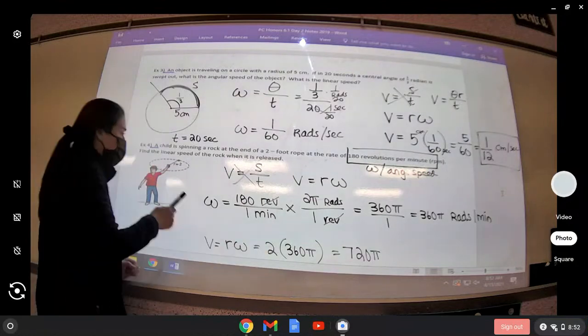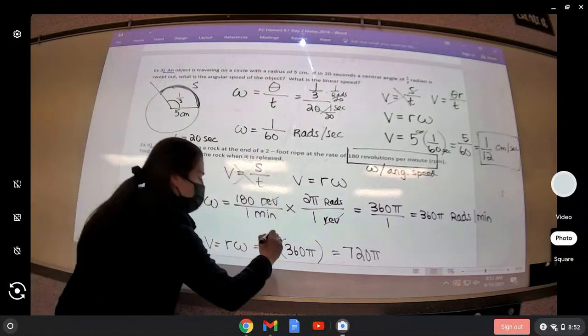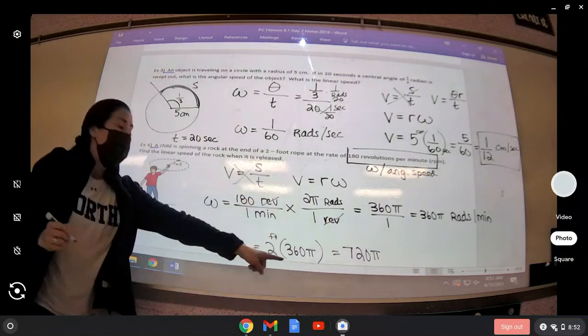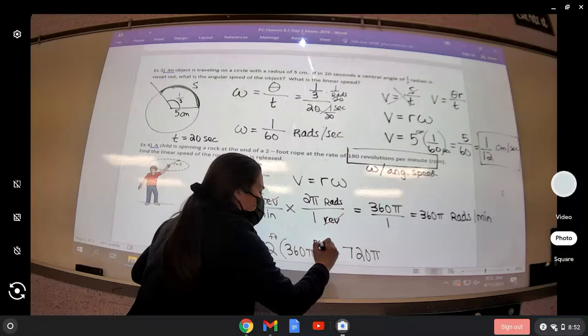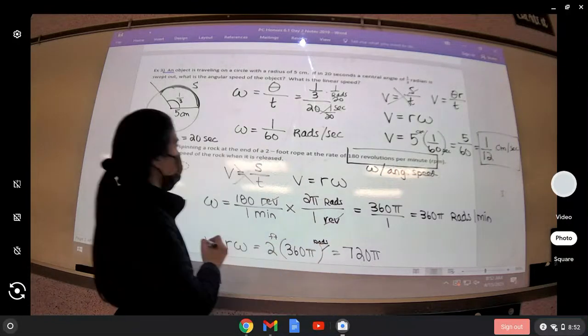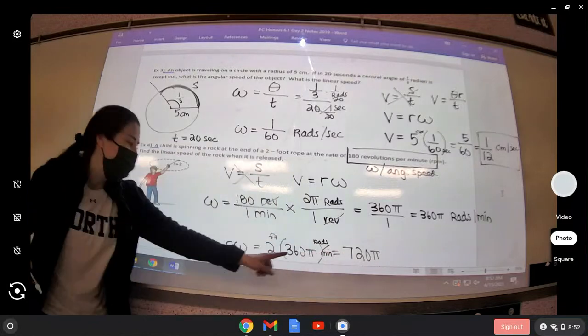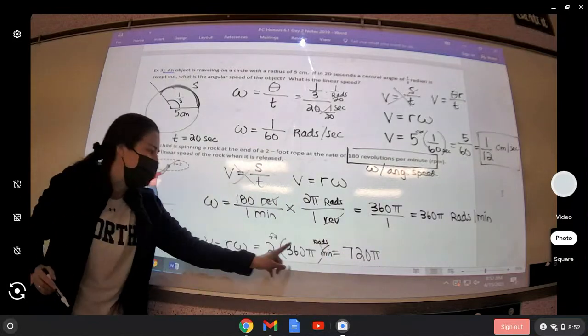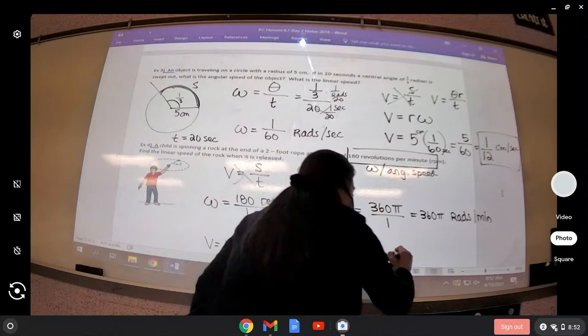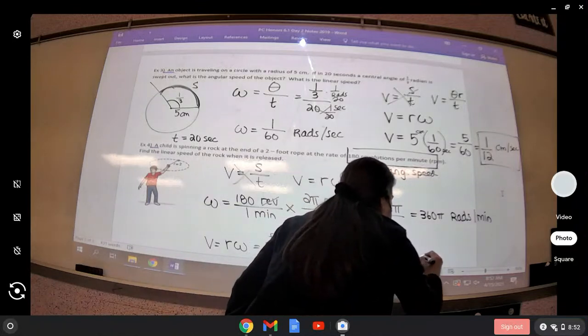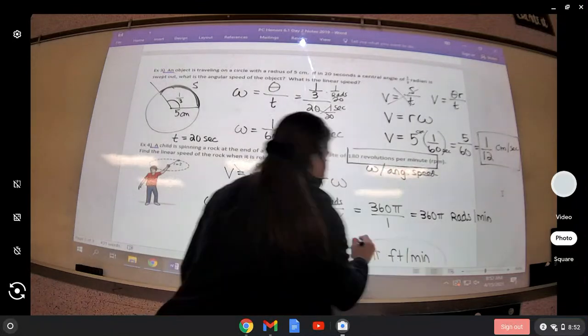This is going to be, what was your radius measured in? Feet. Your angular speed was rads per minute. So now this will be, we really don't label rads, this will be feet per minute is what your linear speed is. And you're done.